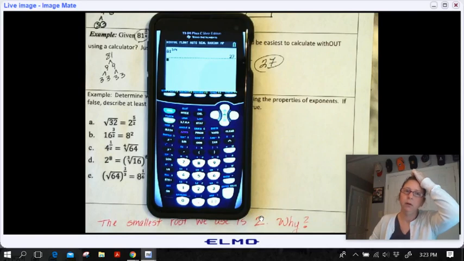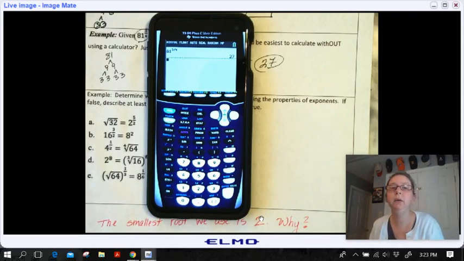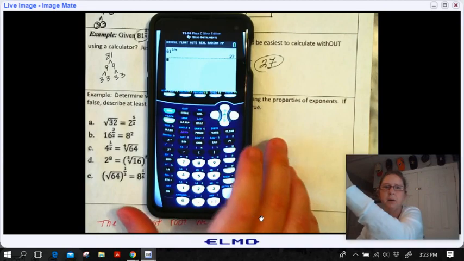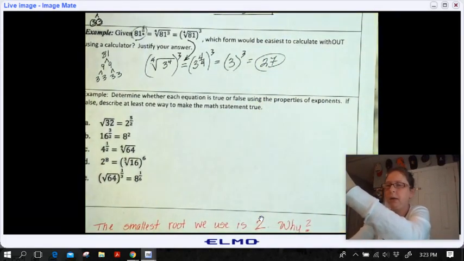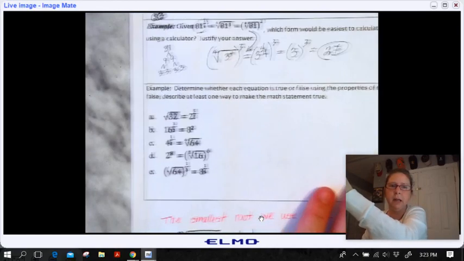Okay, so you can do this by hand without a calculator pretty easily, but the form does matter. Okay, it does matter. All right, we are on our very last example.